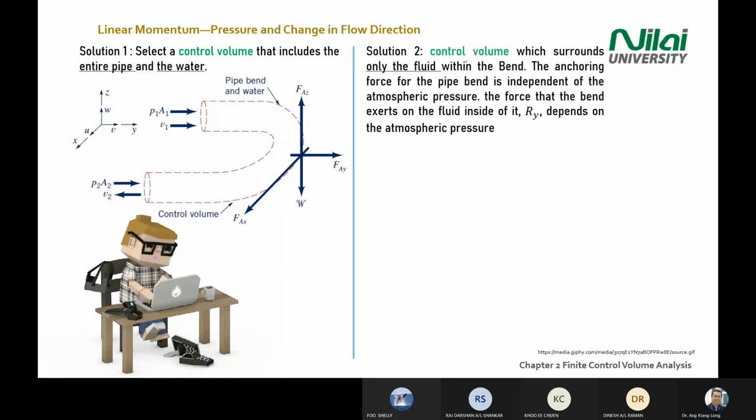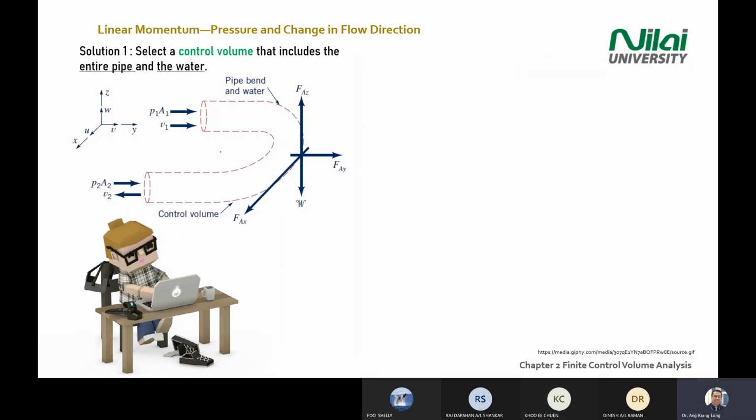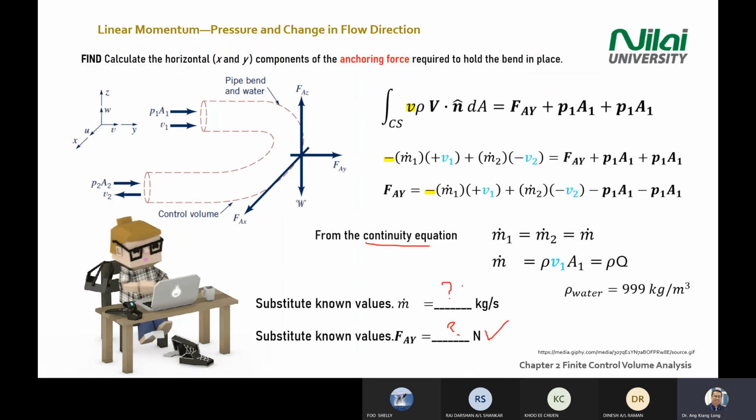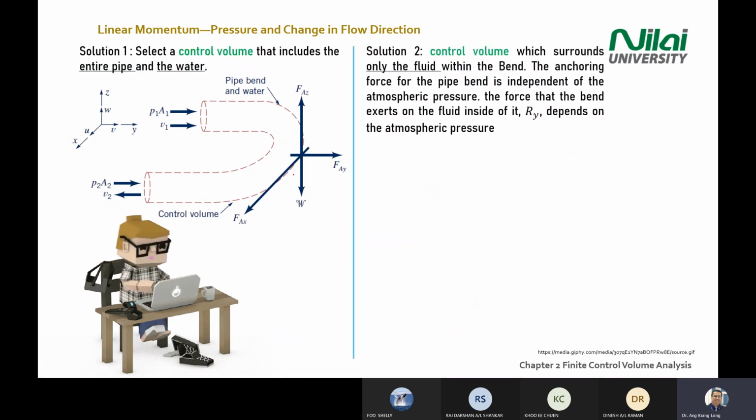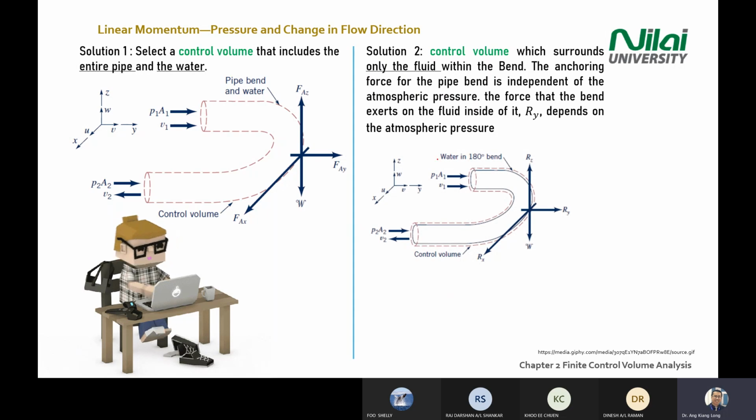Then, I have already done the first solution. There are two ways. The second way is that you can include the atmospheric pressure by this diagram.